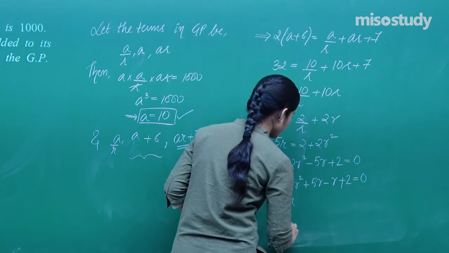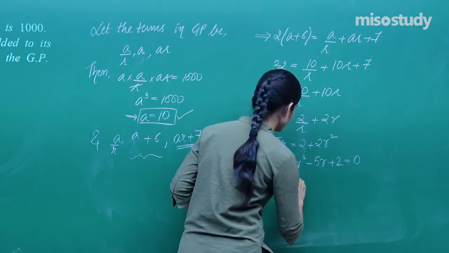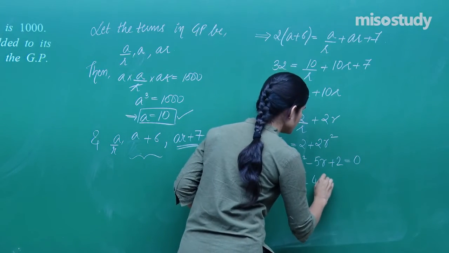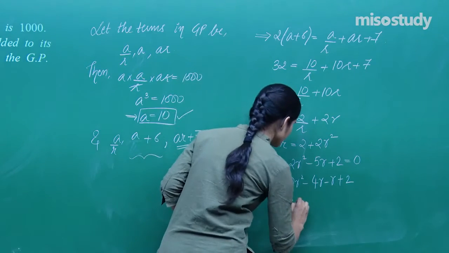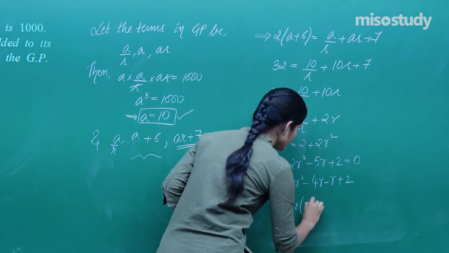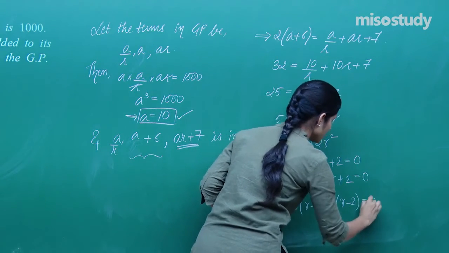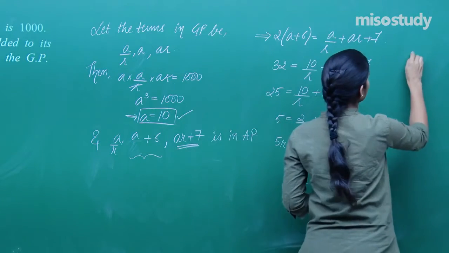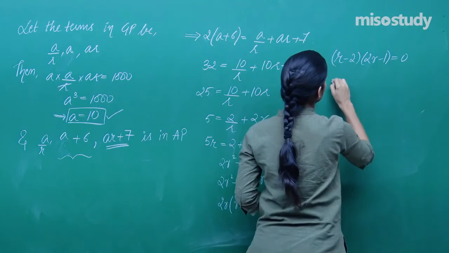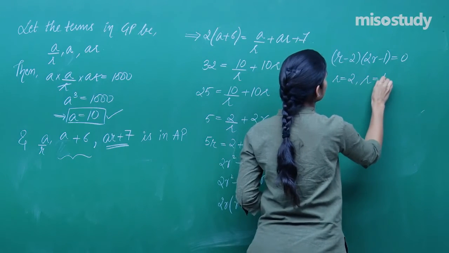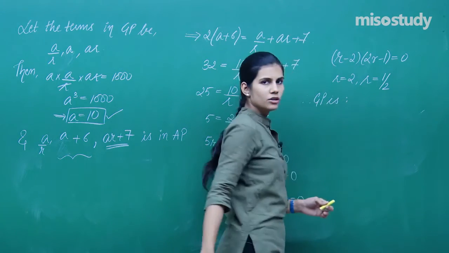Let me keep it as, because I want 4, 2R square minus 4R minus R plus 2. Right? This gives me 2R common, R minus 2, minus 1, R minus 2. So this gives me R minus 2 and 2R minus 1. So R is 2 and R is 1 by 2. Therefore the GP is what?